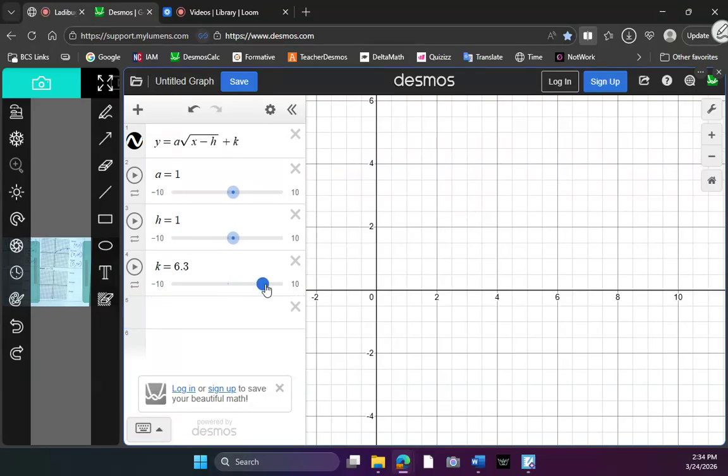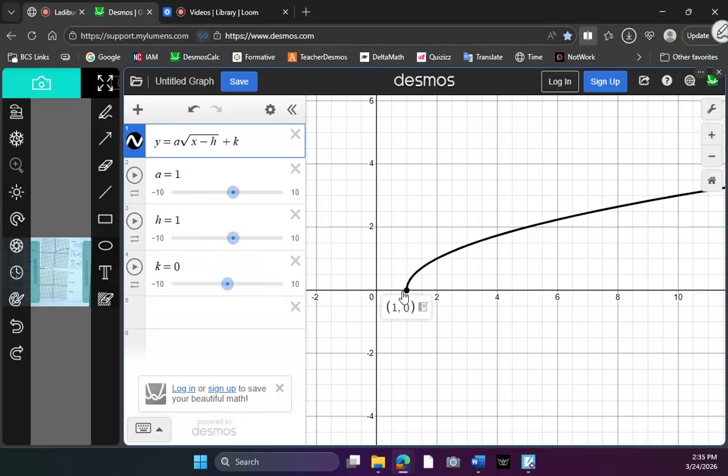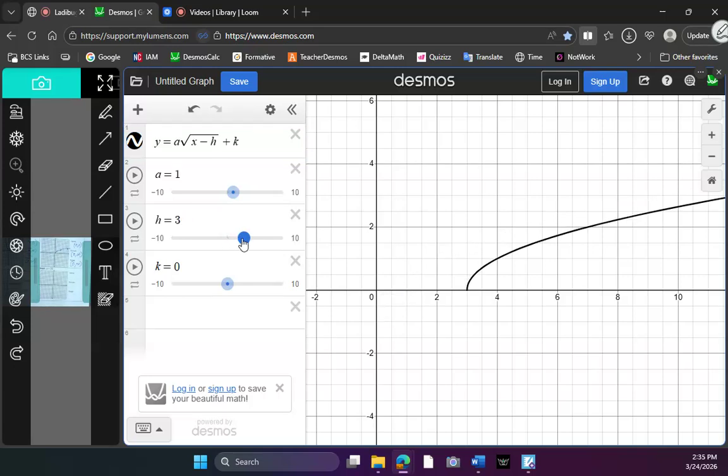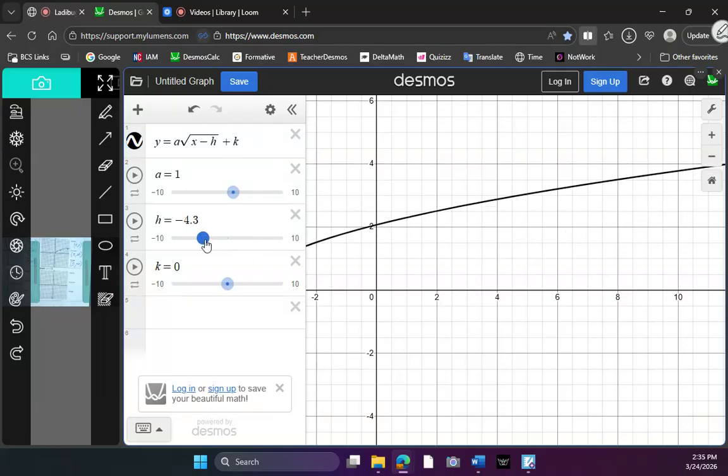When we make it smaller or less, it goes down. If the h value, remember that's x minus h, so minus 1 moves it right 1. Minus 3 in this case, that would be x minus 3. That moves us to the right 3. And opposite is true here.